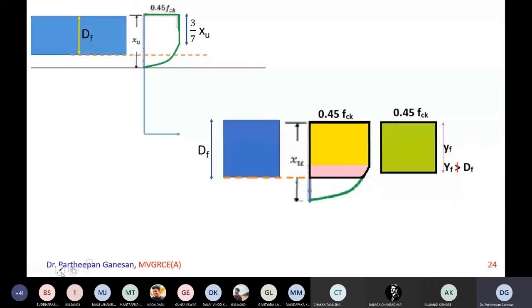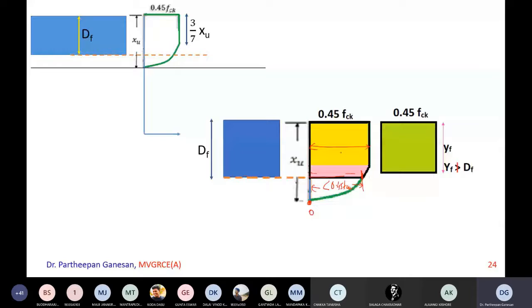Is that clear? Any doubt in that? Here, if you see, this value will be less than 0.45 FCK, because 0.45 FCK is from here to here. The stress is 0 here at the neutral axis. At the bottom of the slab here, you have a stress less than 0.45 FCK.